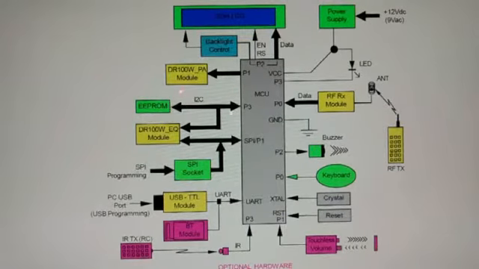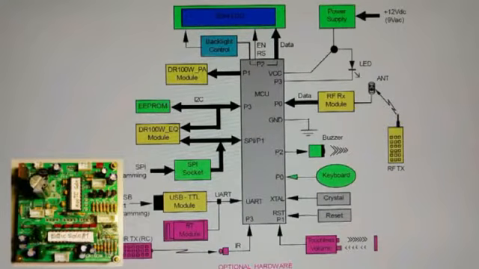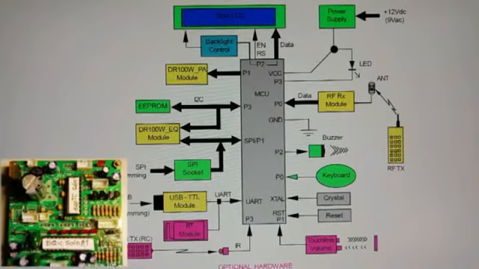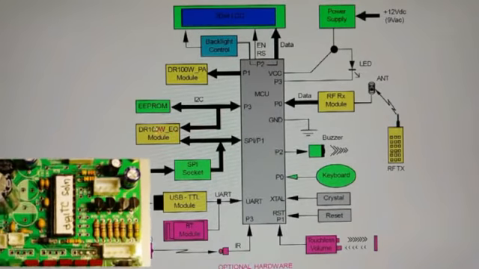The I2C is also used in the DR100W EQ. This is another module. EQ means equalizer. In this module, there is a tone control IC, which is also controlled using the I2C protocol.